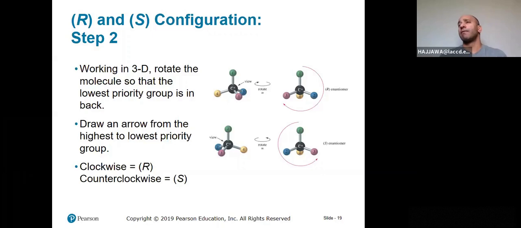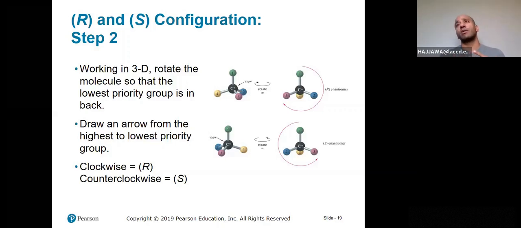What if I have clockwise 1, 2, 3, 4, but my fourth group is not away, it's towards me? That means it's not R anymore, it's an S, because R has to have the clockwise where the fourth group is pointing away. So if that fourth group is pointing towards you and it's clockwise, that means it's an S configuration, and that will be the second possibility for an S configuration.